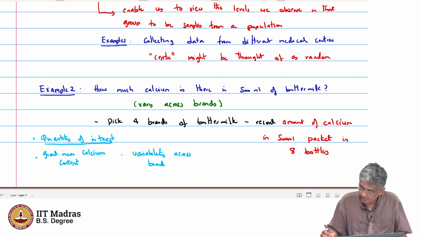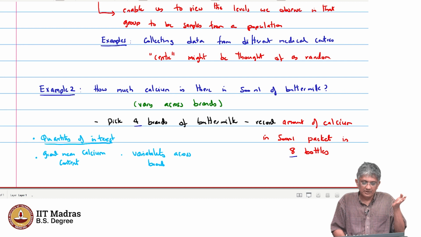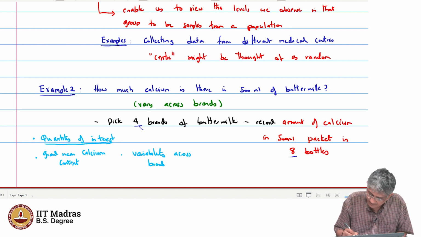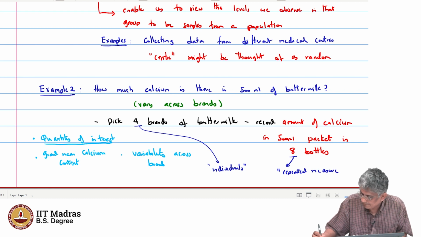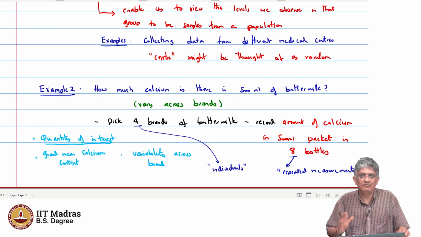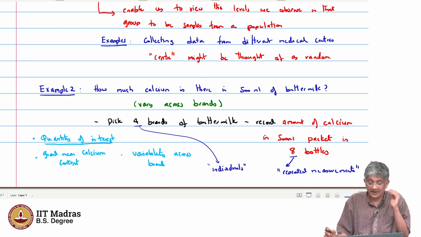So brands are your individuals in the population that you're sampling, and repeated measurements are your bottles. That's one way of posing the question of when I want to take random effects.